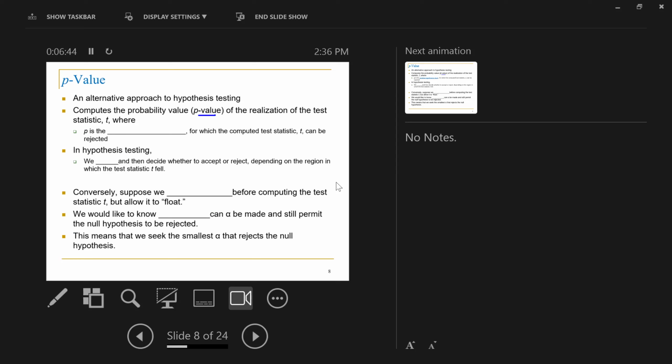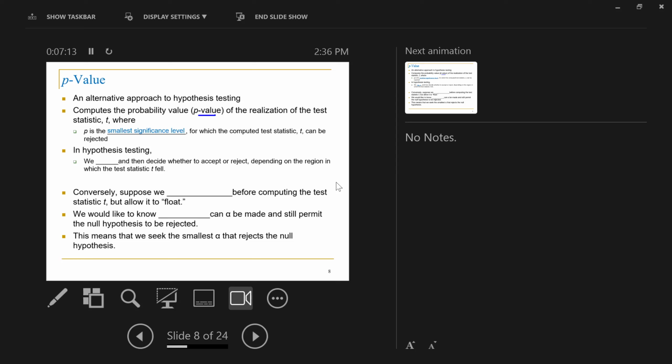This computes the probability value, or p-value, of the realization of the test statistic t, where p is the smallest significance level for which the computed test statistic t can be rejected. Okay, so it's a lot of words there, but basically what we are trying to find out is that probability that is gonna make sure that we are making the right decision. We want that to be the smallest one.